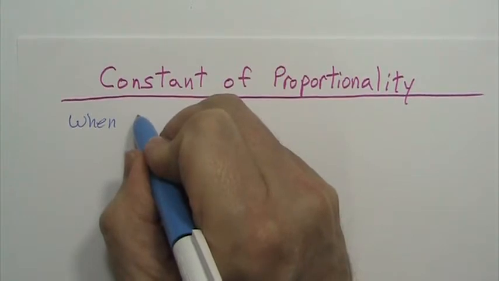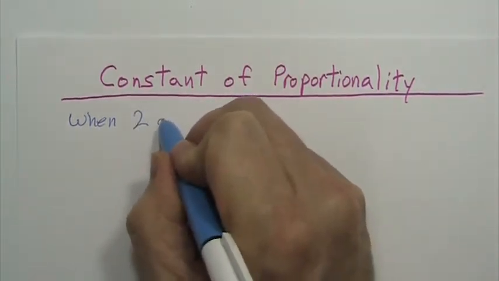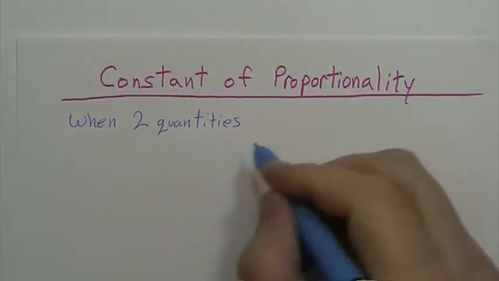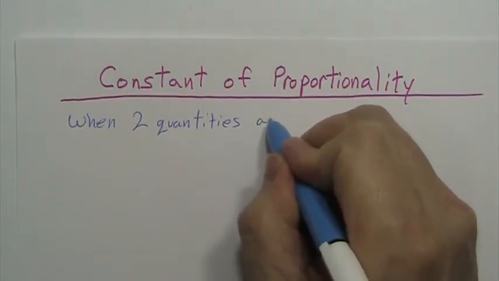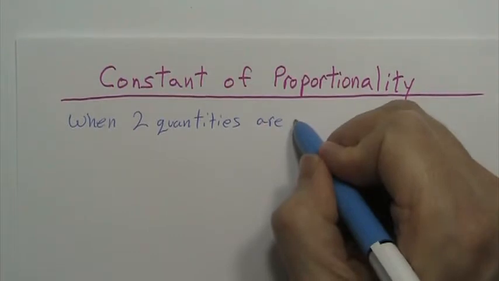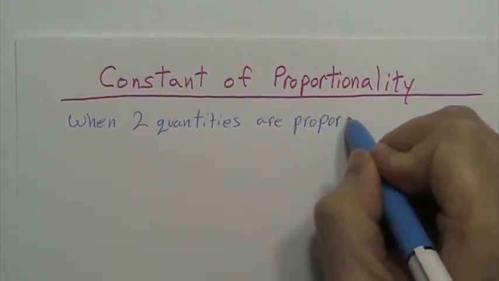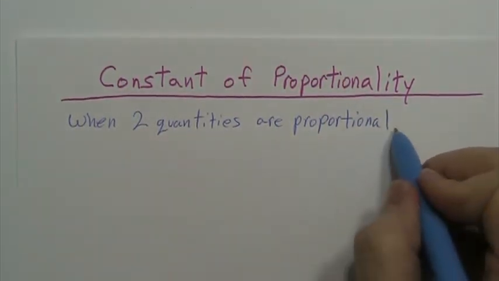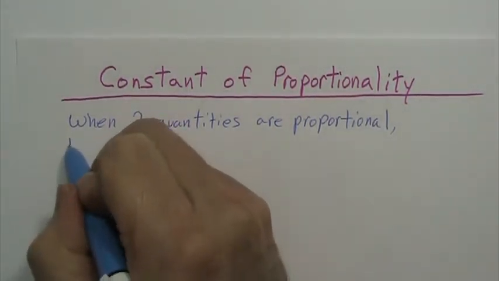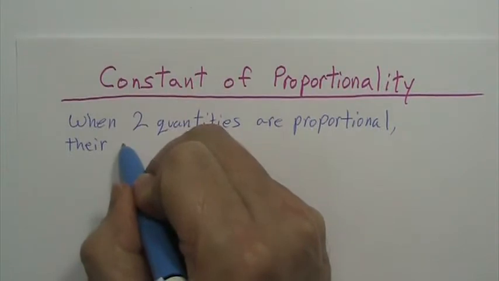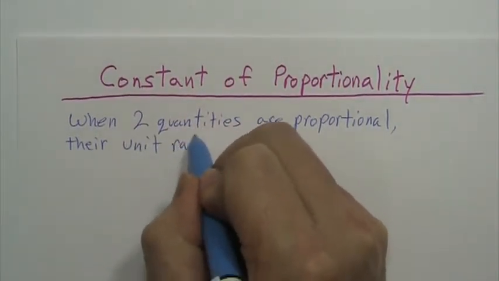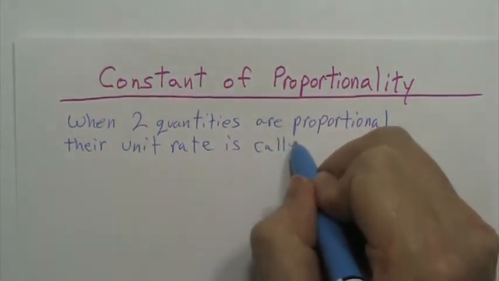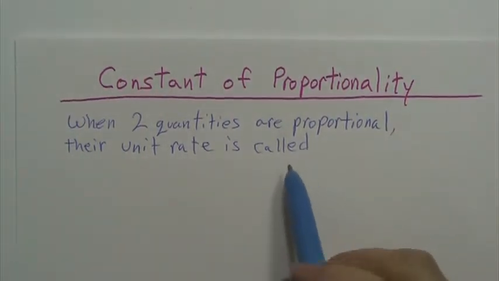When two quantities, or you could think of units, are proportional, their unit rate, well, that's sloppy, is called, right up here.